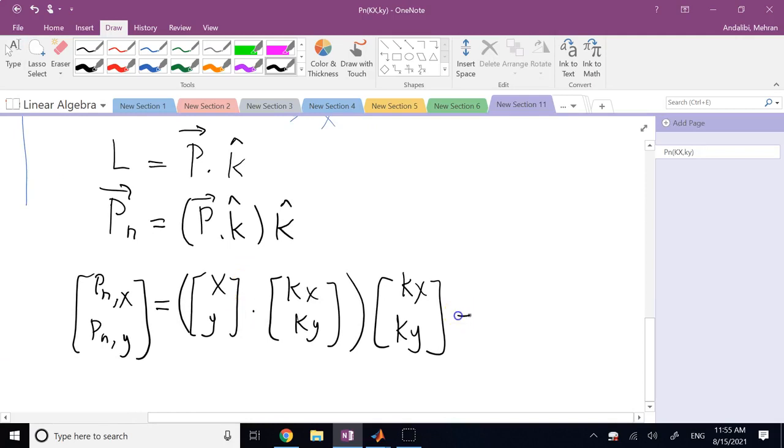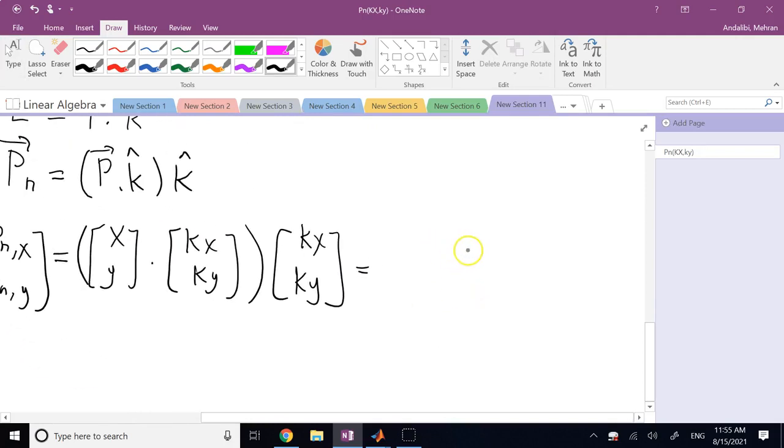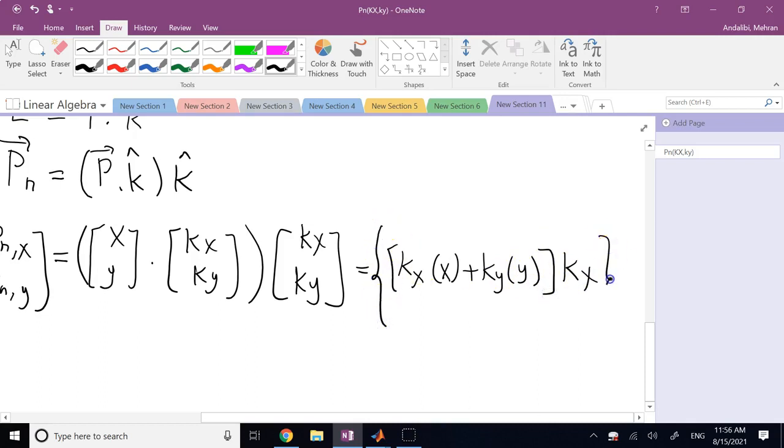So this is going to be a single number, which is kx times x plus ky times y. And this whole number is multiplied by kx. And this whole number is multiplied by ky.